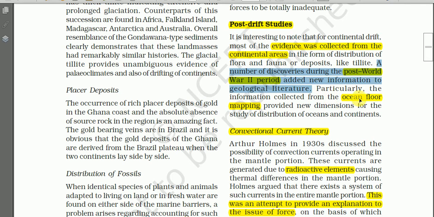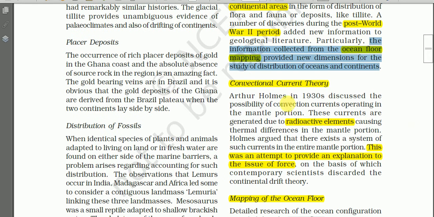Particularly, the information collected from the ocean floor mapping provided new dimensions for the study of distribution of oceans and continents. Okay, ocean floor mapping, then convectional current theory, all these are post-drift studies. Now let us start this convectional current theory.